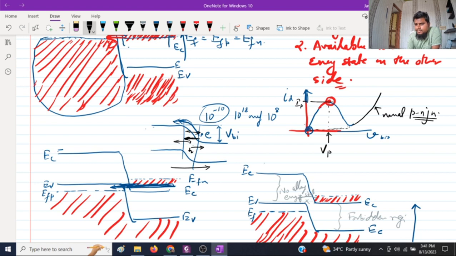The current at this minimum, or valley, is called IV, the valley current, and this is VV, the valley voltage. Now the region between VP and VV is of quite interest because this is not a normal IV characteristic.